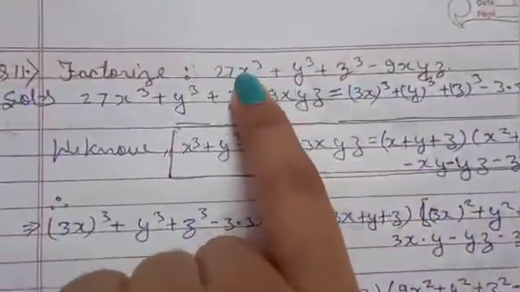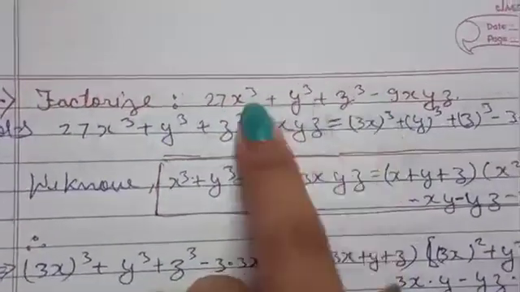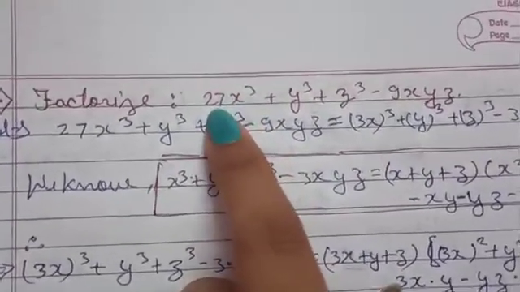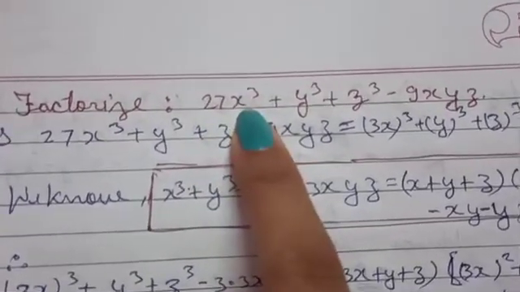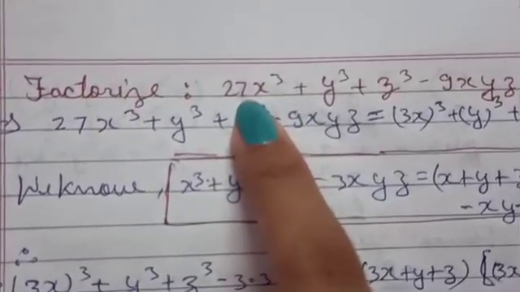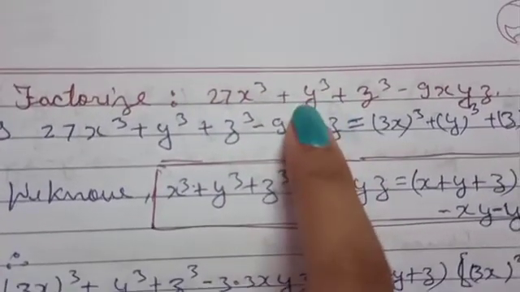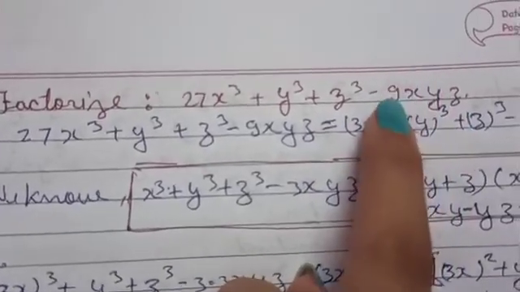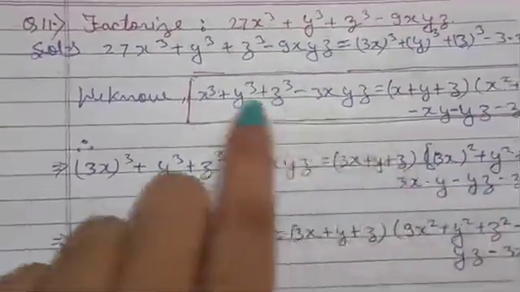Okay, and in the question, if you can see clearly, in place of x we have 3x. Why? Because cube of 3 is 27, and cube of x is x cube. So in place of x we have 3x here, in place of y we have y itself, in place of z we have z itself, and in place of 3xyz we have 3 into 3x into y into z.